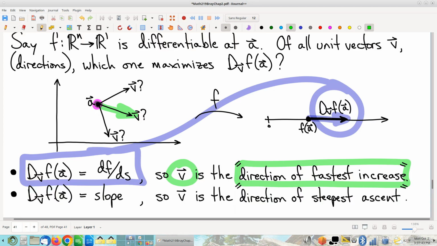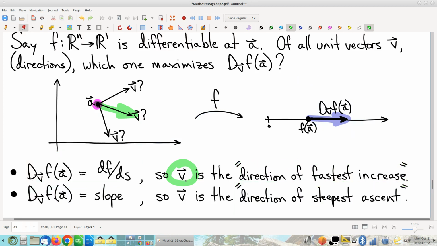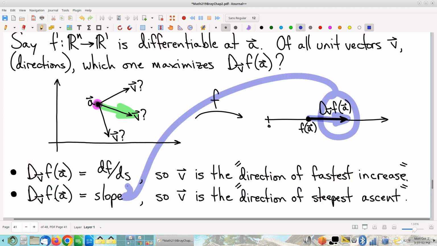All right, now, an alternate interpretation, also perfectly reasonable. Another interpretation of directional derivative is that it is the slope of the graph. Now, again, let's think it through. What would we say about a direction that makes the slope of the graph as great as possible? Well, if I go in this direction, maybe it only gives us that much slope. So it's somewhat steep in that direction.